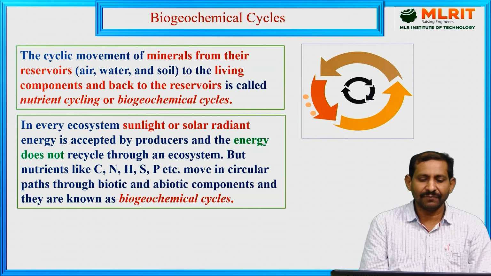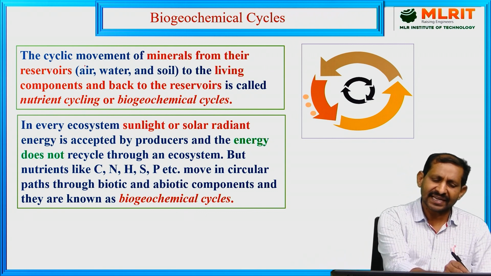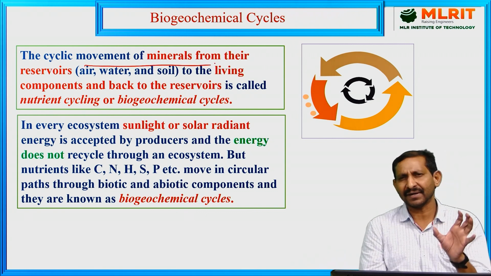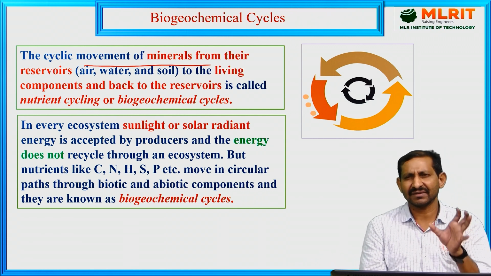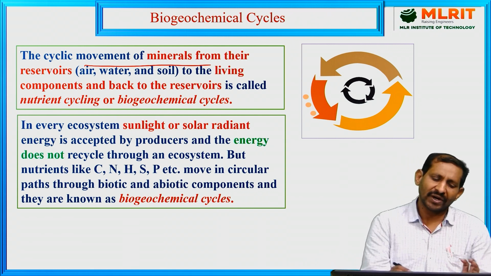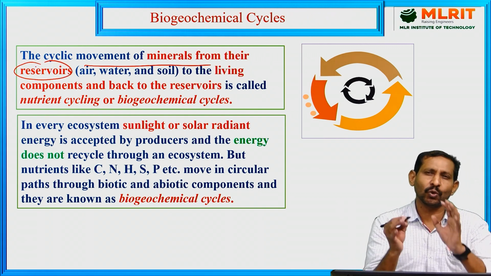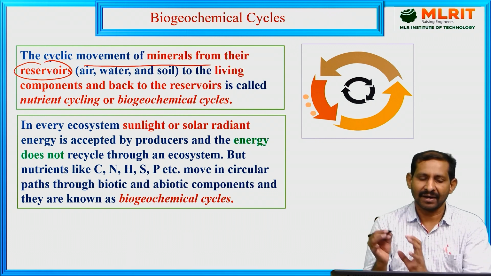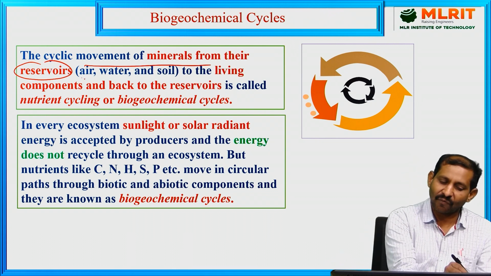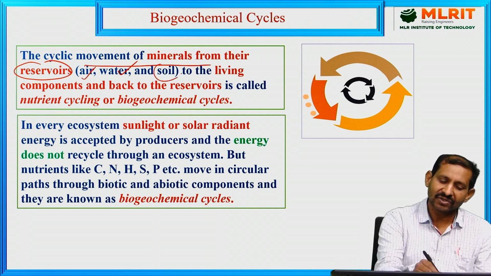So now coming to the first one: what are the biogeochemical cycles. Generally, it is the cyclic movement of minerals like nitrogen, carbon, oxygen, sulfur, phosphorus from their reservoirs. Reservoirs means the storing of those minerals in a particular area, either water, air or soil.